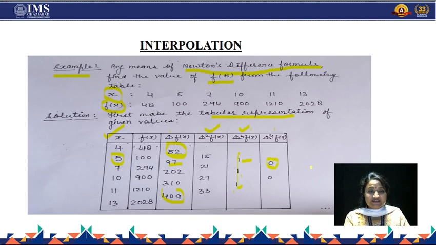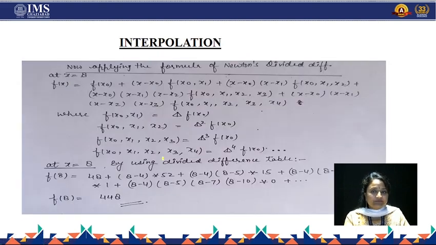Now it's time to put these values into the formula. This is the formula, and we are going to find the value when x is equal to 8. This is the complete formula discussed in our second slide: f(x0) plus (x minus x0) f[x0, x1], and so on. You can observe a pattern between the terms. Only f(x0) is in the first term, in the second term x1 is introduced, in the third term x2 is introduced, in the fourth term x3 is introduced, and so on.